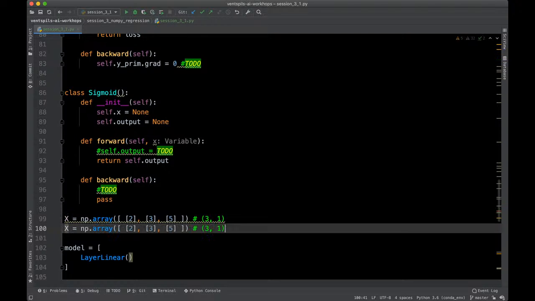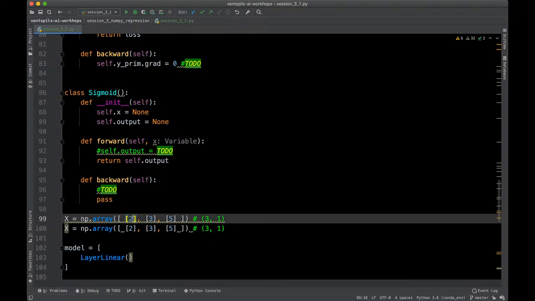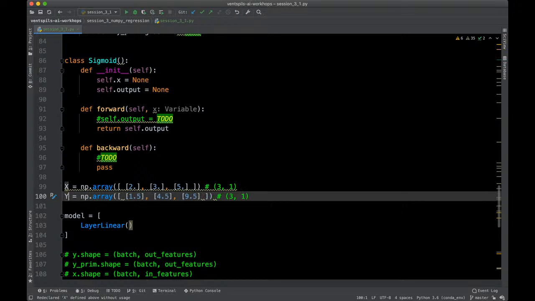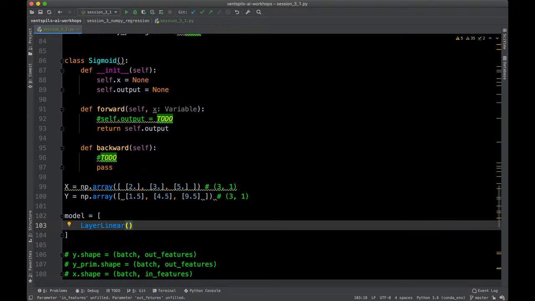For the out features, maybe better to have floating point numbers here. The out features then 9.5, 4.5, and 1.5, right? So these are the out features. So again, one dimensional. So here we'll write in features is 1, out features, let's say in this case, that's going to be fun. We can make it that out features are 4 now.